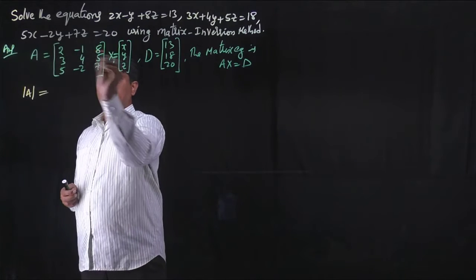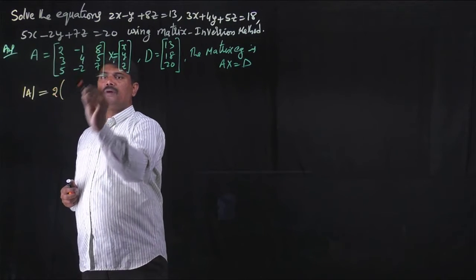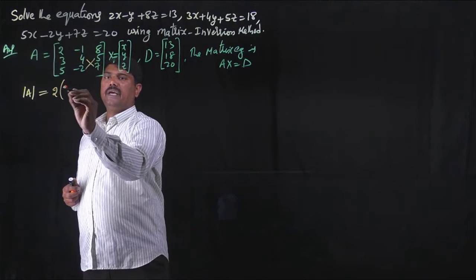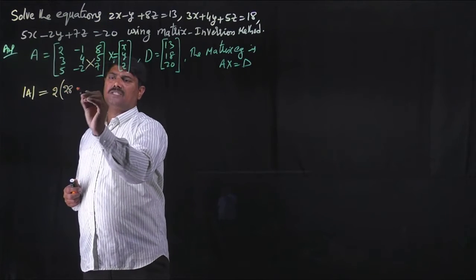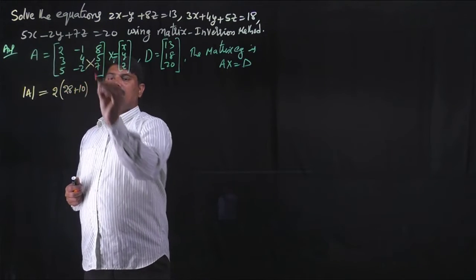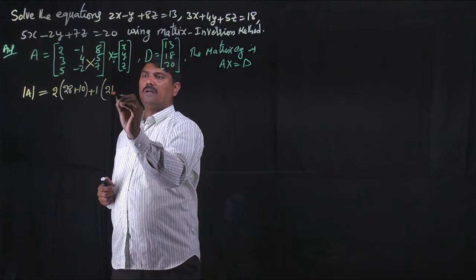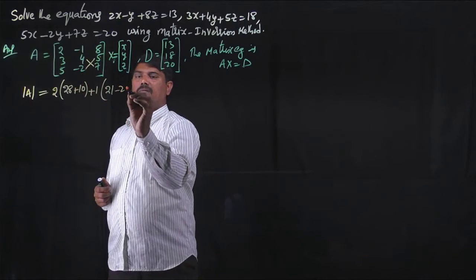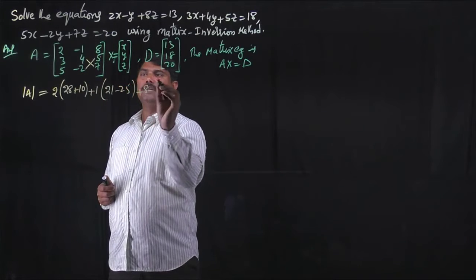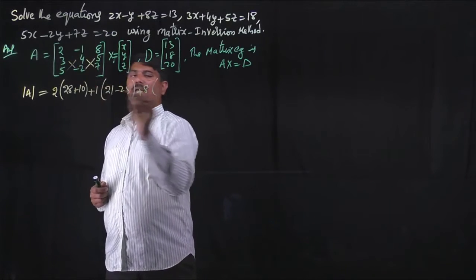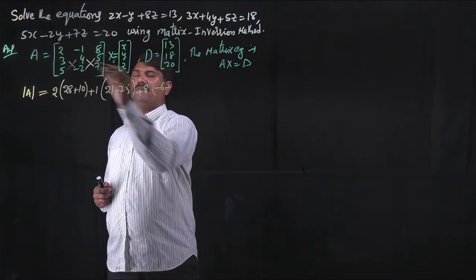Finding its determinant expanding from the first row: 2 into 28 minus of minus 10, which is plus 10. Minus of minus 1 means plus 1 into 3 into 7, 21, minus 5 into 5, 25. Plus 8 into 3 into minus 2 is minus 6, minus 5 into 4 is 20.